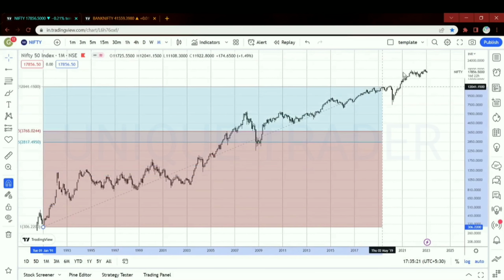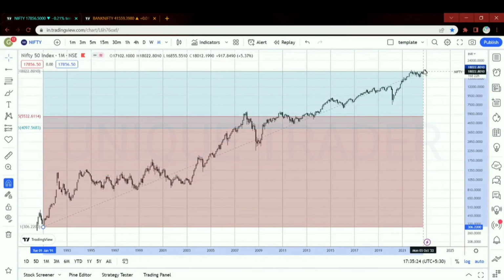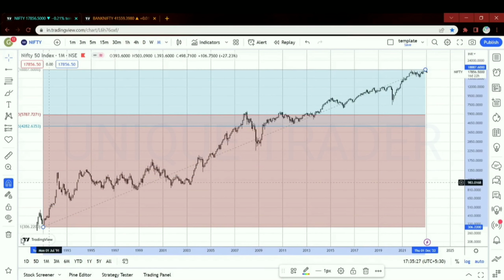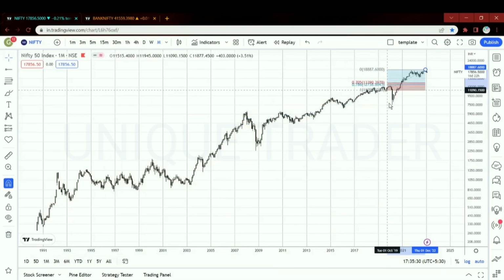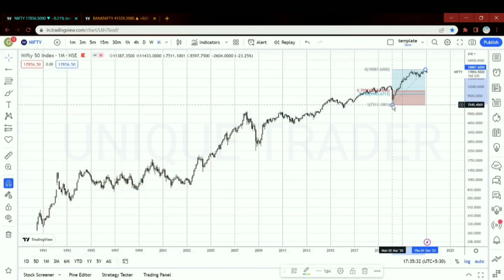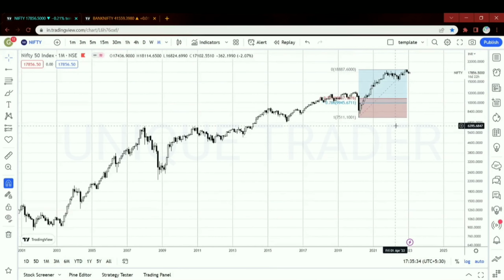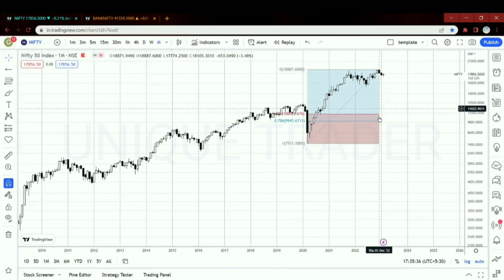Now, the most recent dynamic swing high is right over there, and the most recent dynamic swing low is right over there. Perfect. So this is the most recent dynamic price swing, and if the price ever comes between the 70.5 to 78.6% zone, I'll be looking for investing opportunities again.